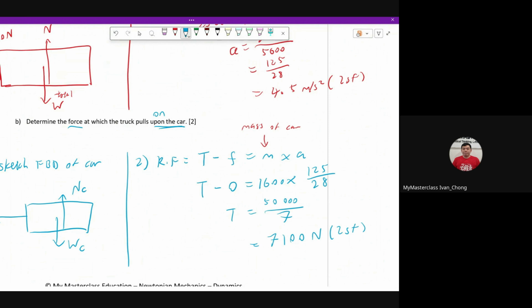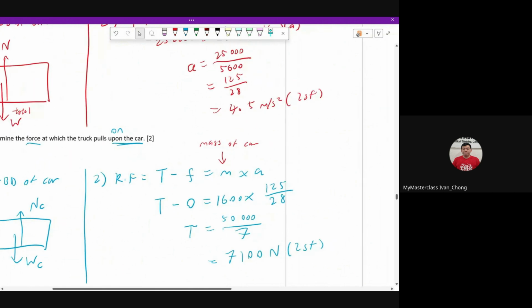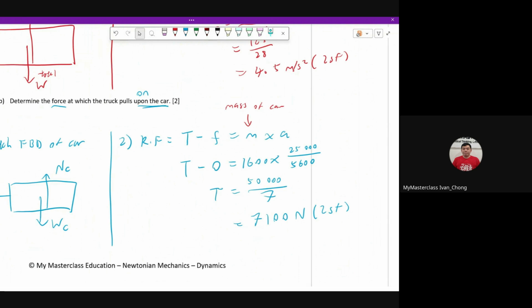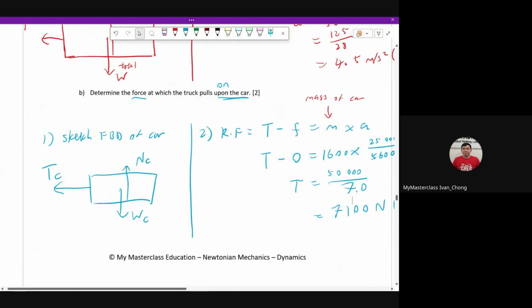Okay, so this is your tension value over here, 7,100 newtons. Now this one is 2SF because if you use the original, this is 25,000 over 5,600. So all of them are 2SF, so your final answer is also 2SF. Okay, so your tension is this value.